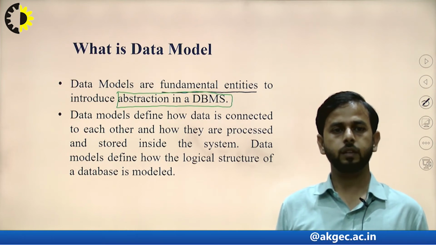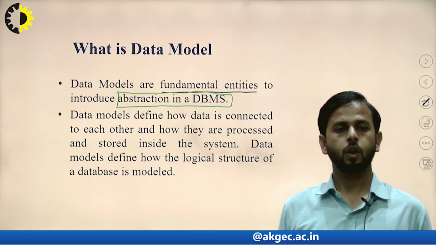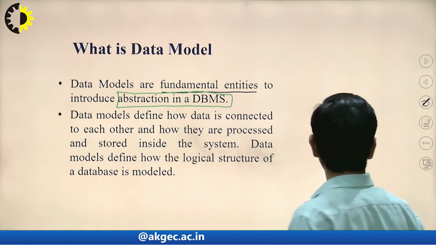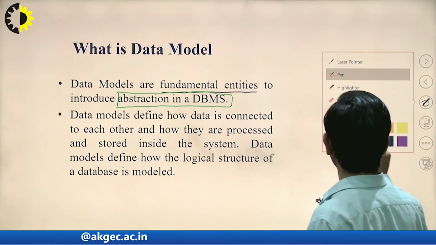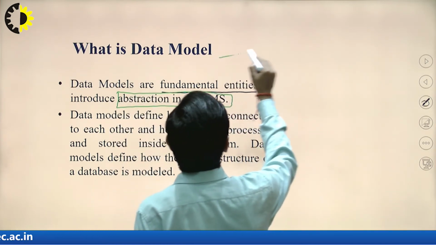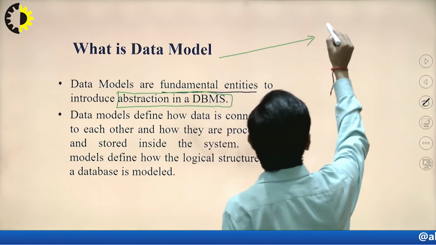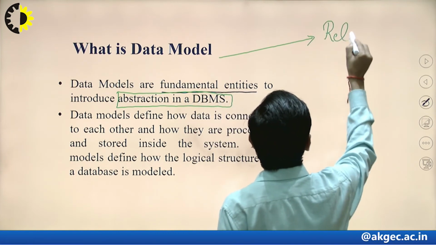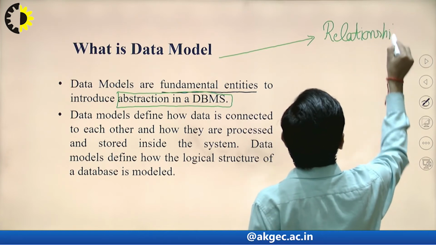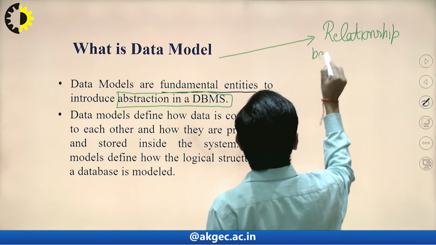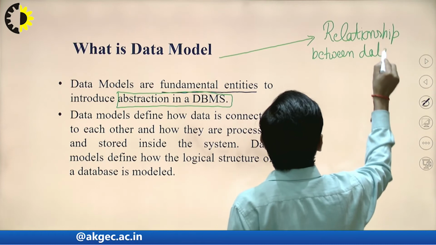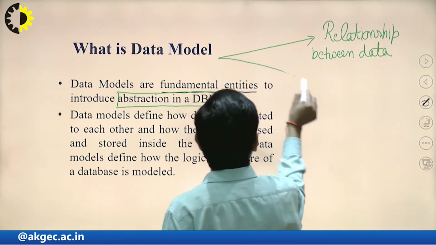A data model defines how the logical structure of a database is modeled. In a nutshell, it defines the relationships between data.